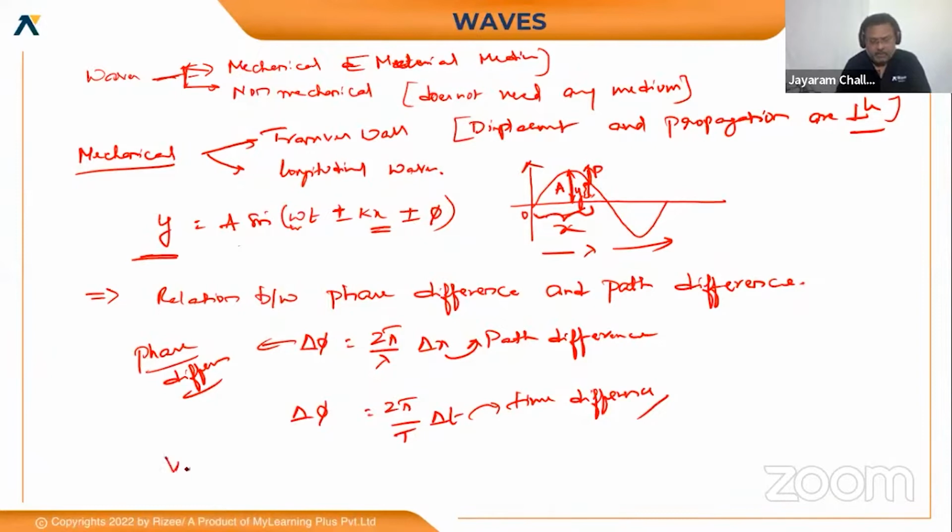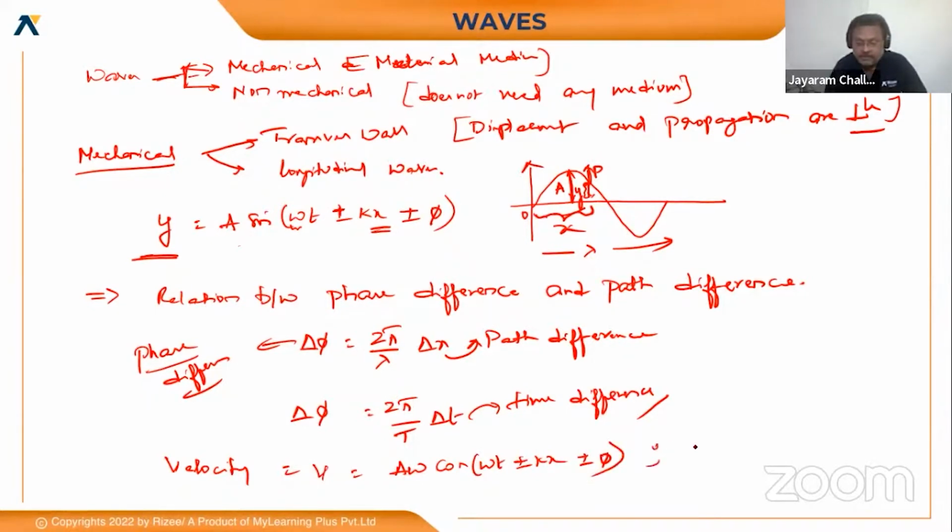Similarly, velocity equation, by differentiation. So v is equal to a omega into cos of omega t plus or minus kx plus or minus phi. If you differentiate this again, you get the acceleration of the particle, a is equal to minus a omega square sin of omega t plus or minus kx plus or minus phi.